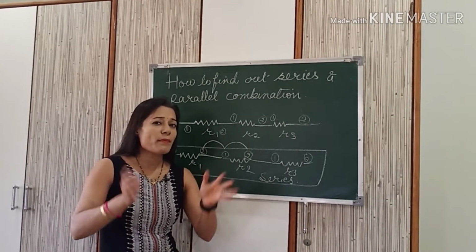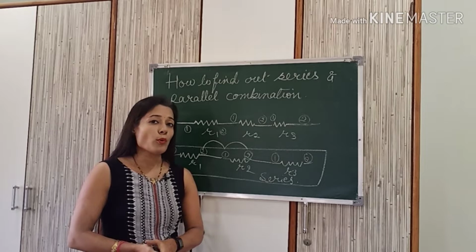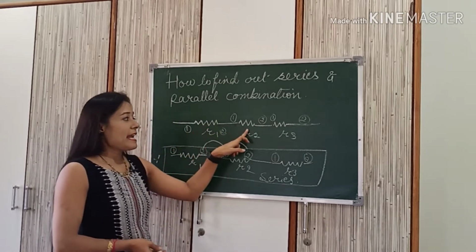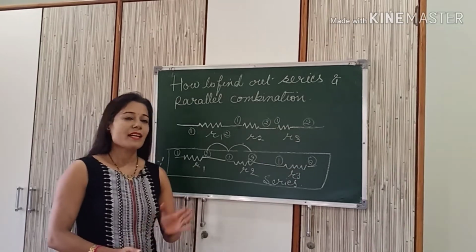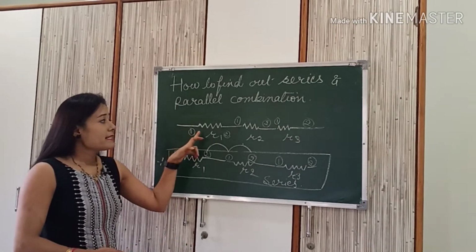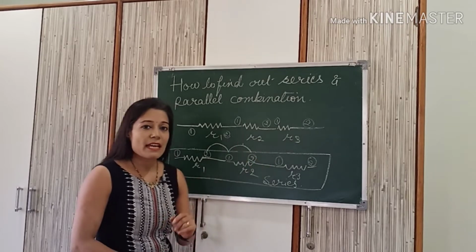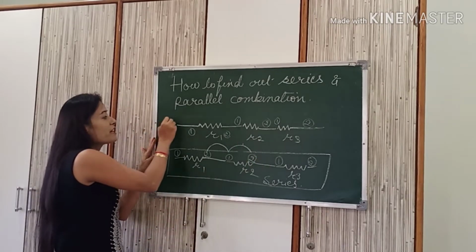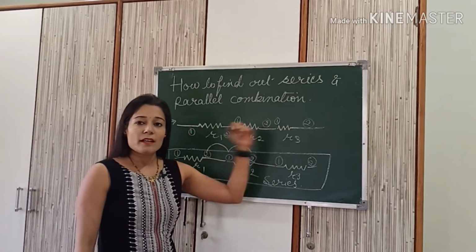In series combination of resistances, the same amount of current flows across each and every resistance in the combination. Suppose this is the series combination of 3 resistances in any circuit, and I amount of current is supplied through this component.